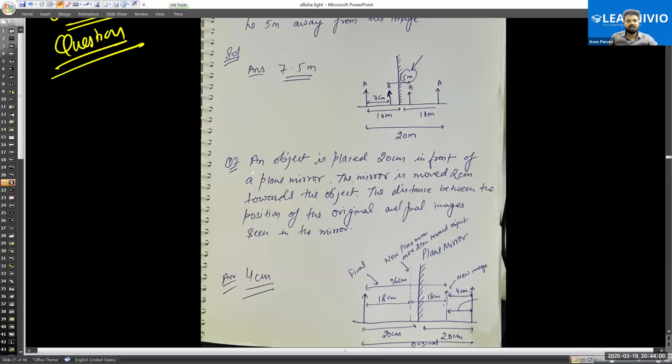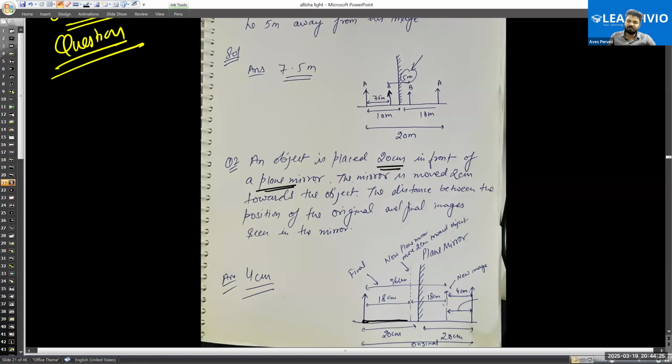So what it is saying here, if you check the question: an object is placed at a distance of 20 centimeter in front of a plane mirror. Object is placed 20 centimeter in front of a plane mirror.